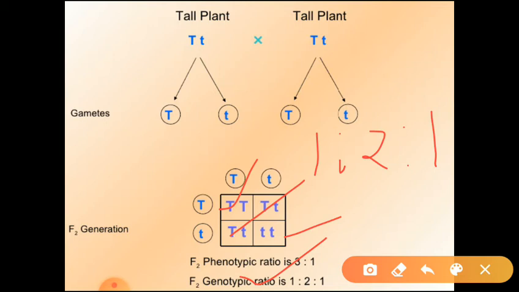So these are the monohybrid genotypic and phenotypic ratios.